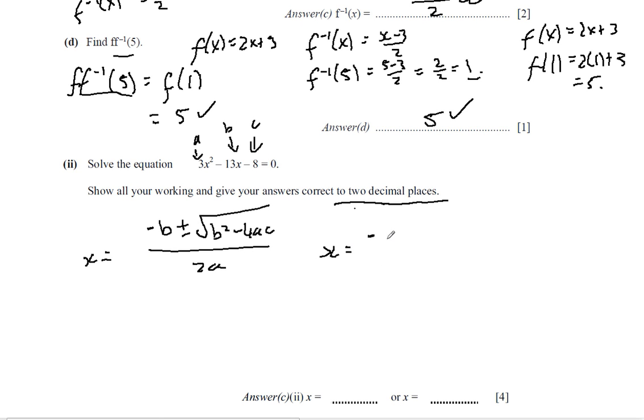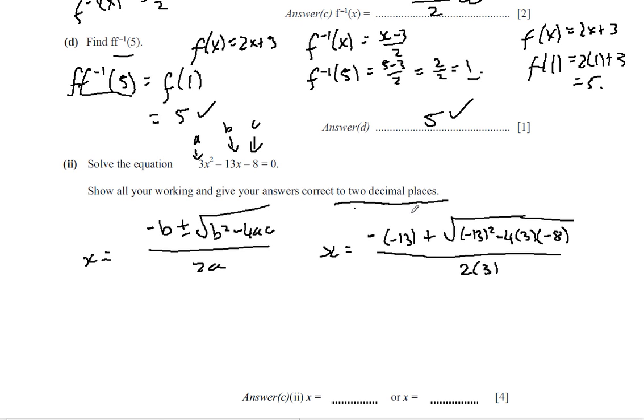It's going to be negative of negative 13 plus the square root of negative 13 squared minus 4 times a, which is 3, times negative 8, which is c, over 2 times 3. Put this in your calculator correctly and you'll get your answer. Your second value of x is going to be the same thing, but just with a negative.